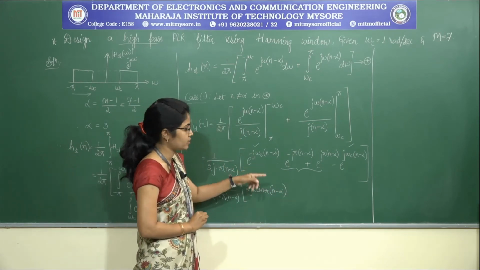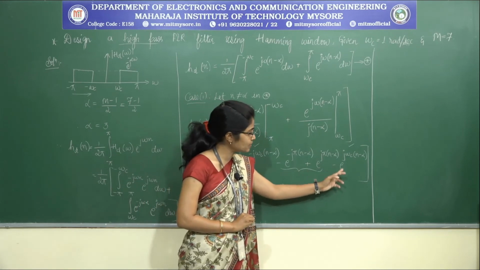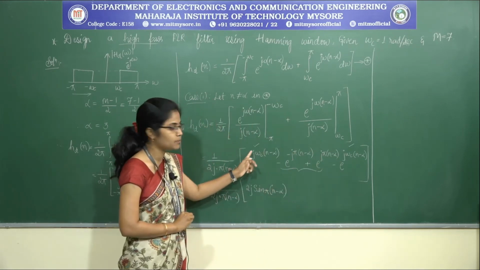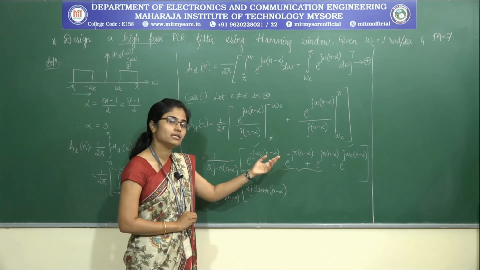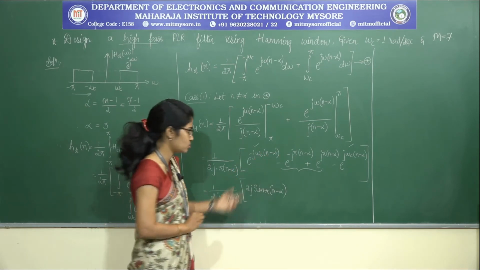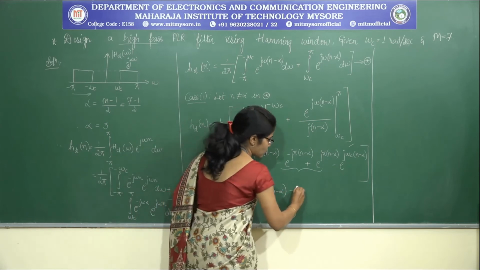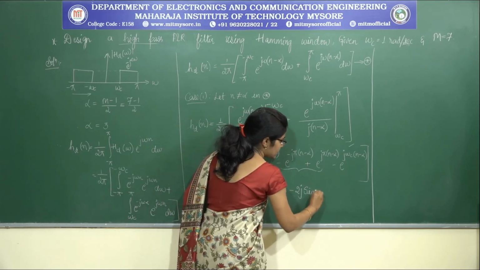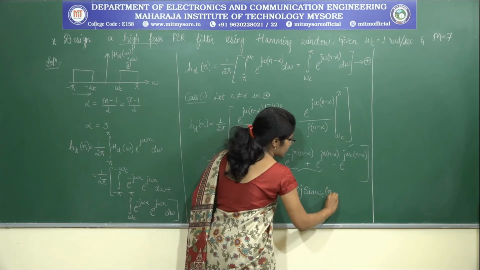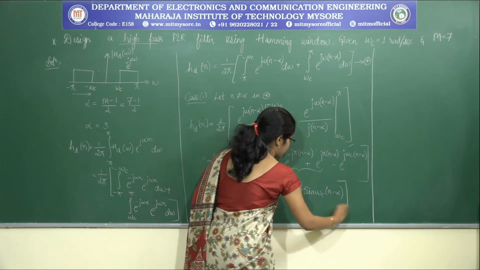Coming to the second pair, it is -e^(jθ) + e^(-jθ), but I want it in the form of e^(jθ) - e^(-jθ). So I take minus as common, and write it as minus 2j sin ω_c(n-α).